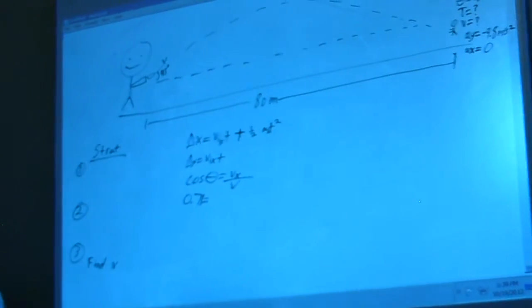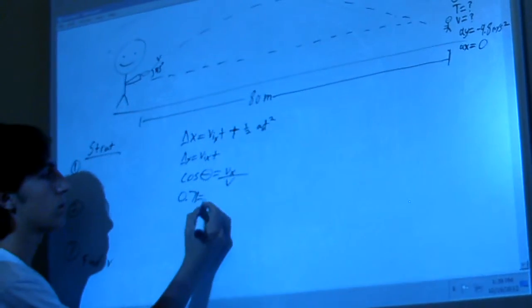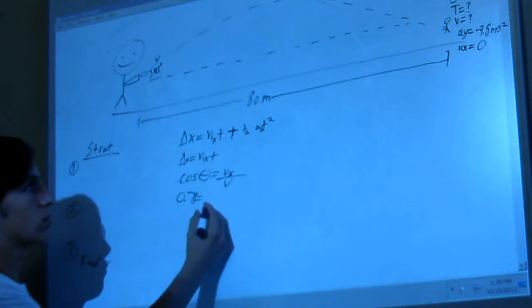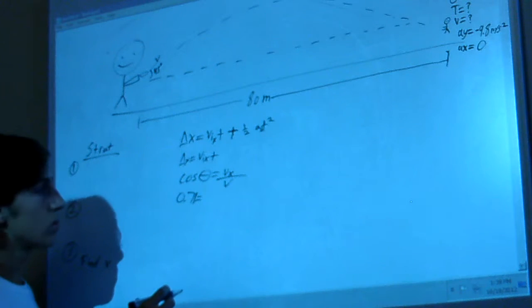Okay, so cosine 45, 0.71, is equal to Vx over V, and what are we trying to solve for?